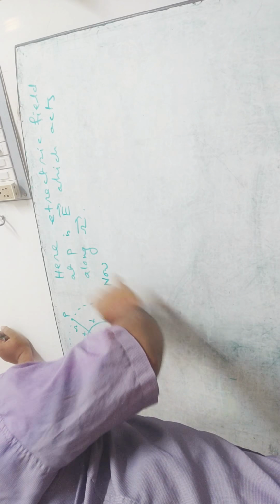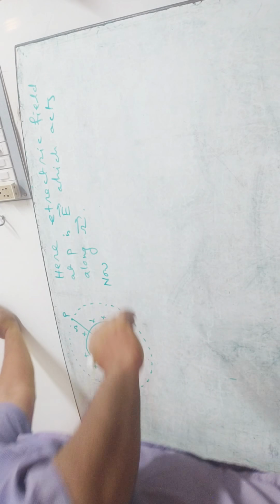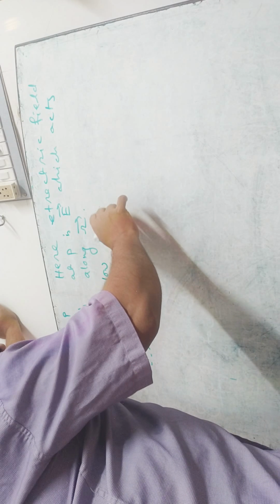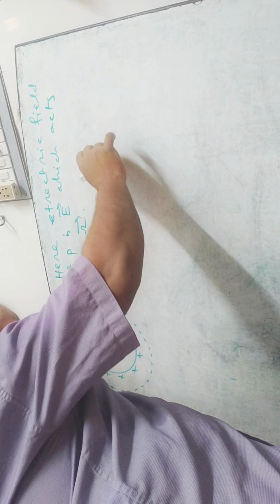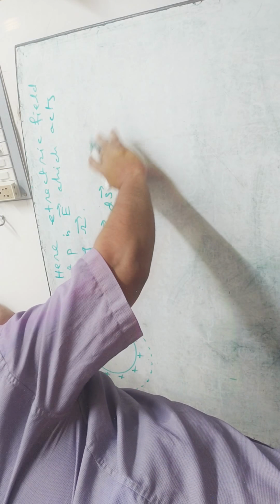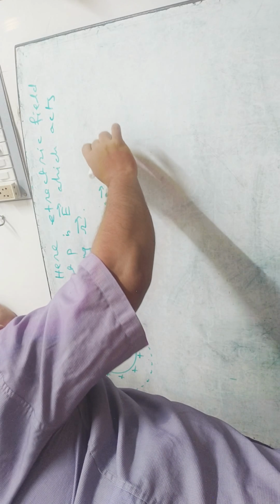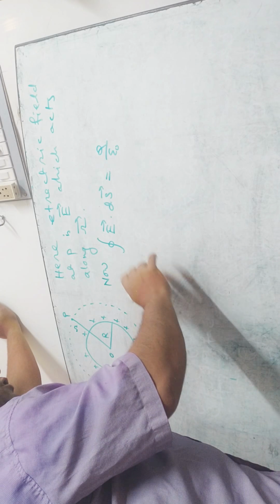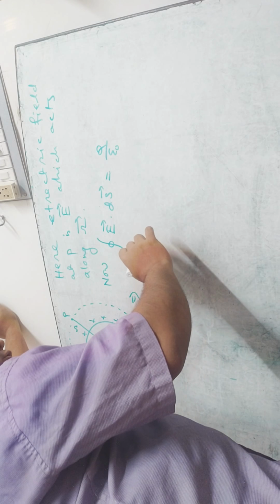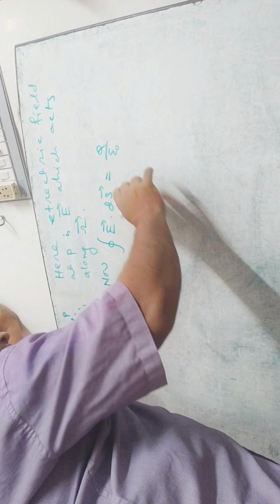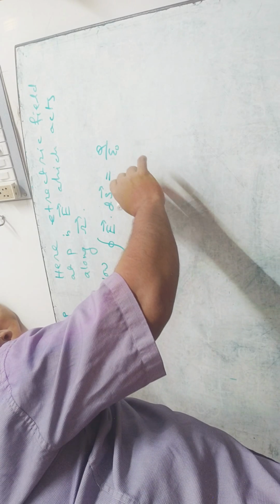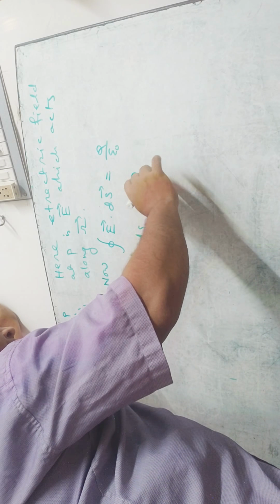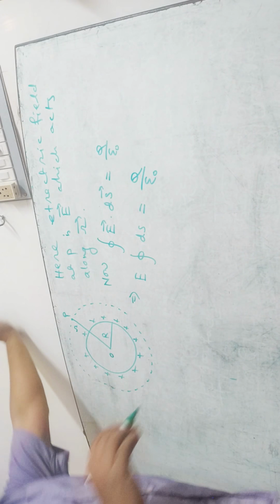Now, applying Gauss theorem, we can write closed integral of E dot ds is equal to q by epsilon 0. This gives E closed integration of ds is equal to q by epsilon 0.